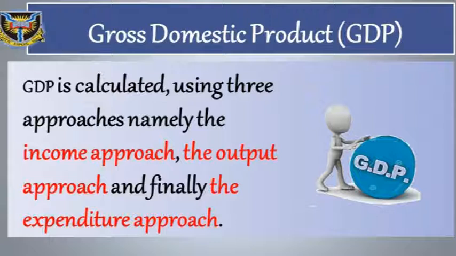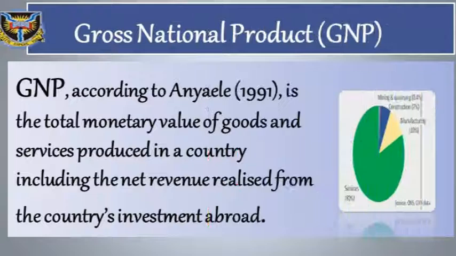GDP is calculated using three approaches, mainly the income approach, the output approach, and finally the expenditure approach. GNP, according to Anyali, 1991, is the total monetary value of goods and services produced in an economy, including the net revenue realized from the country's investment abroad.